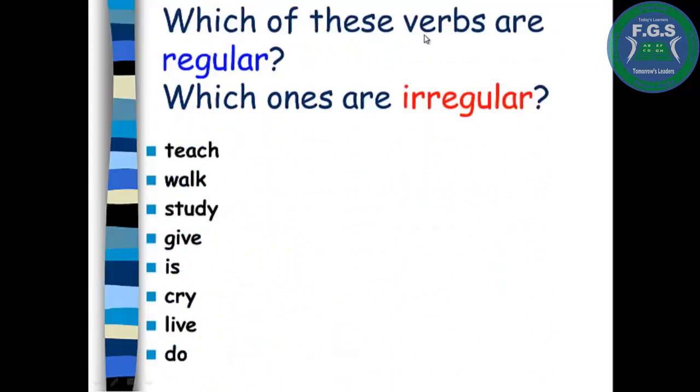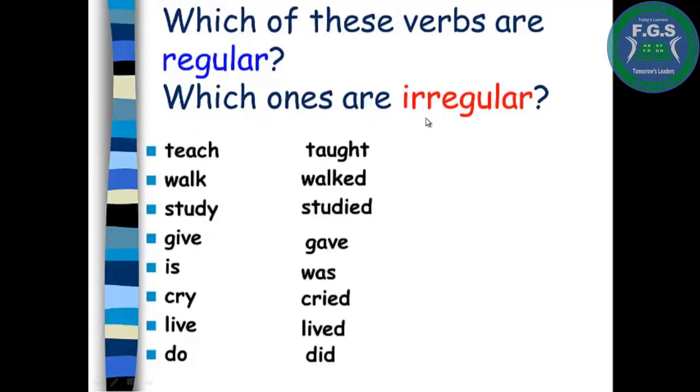Which of these verbs are regular? Which ones are irregular? Let's see. Teach, taught, walk, walked, study, studied, give, gave, is, was, cry, cried, live, lived, do, did.